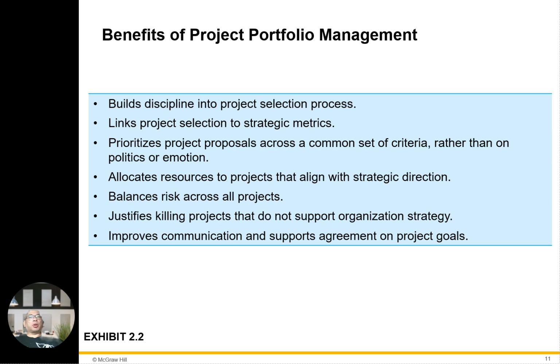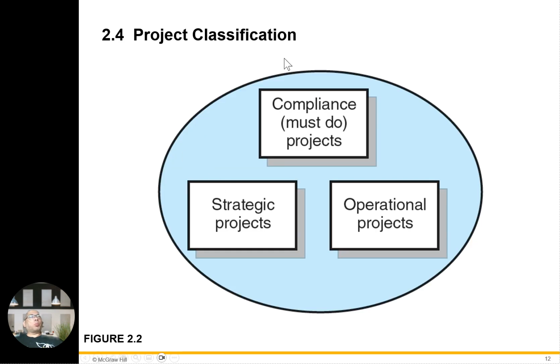This is 2.4, project classifications. What are the project classifications? Compliance, which is the must-do project. For example, IFRS 17 is compliance. This is a must-do project; you cannot ignore it. Strategic project, for example, setting up a new trading desk using a different system.